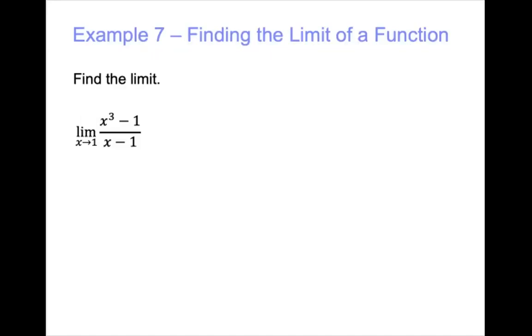Now let's apply Theorem 1.7. For example 7, we're asked to find the limit as x approaches 1 of x cubed minus 1 divided by x minus 1. So we let f of x equal x cubed minus 1 over x minus 1.